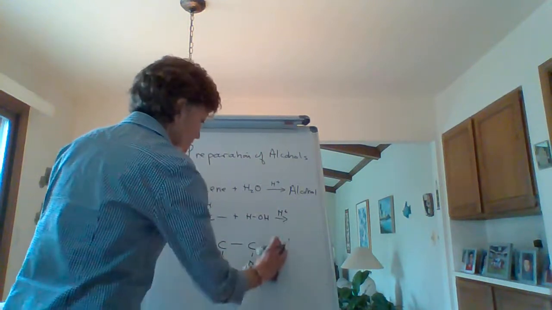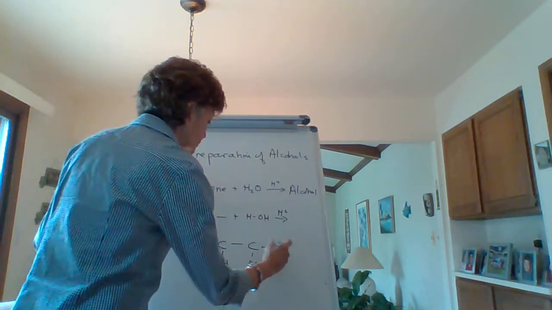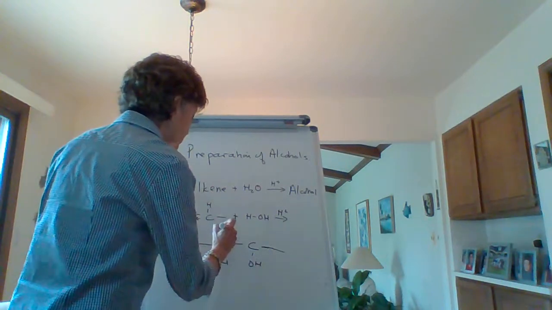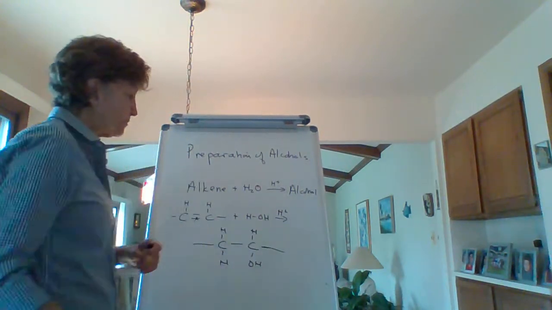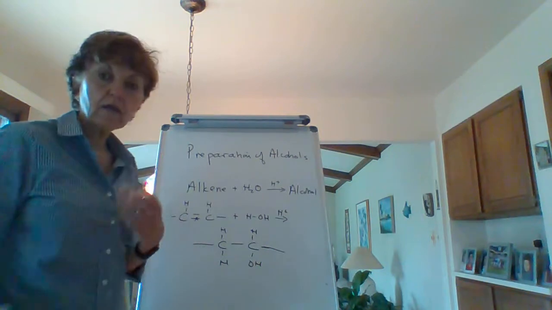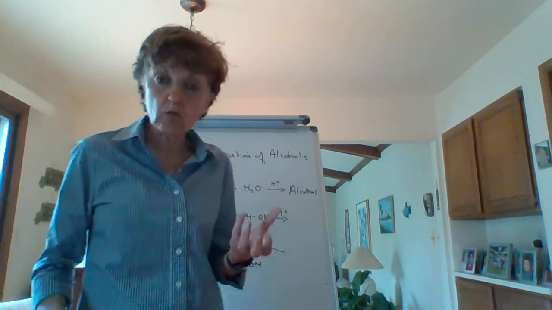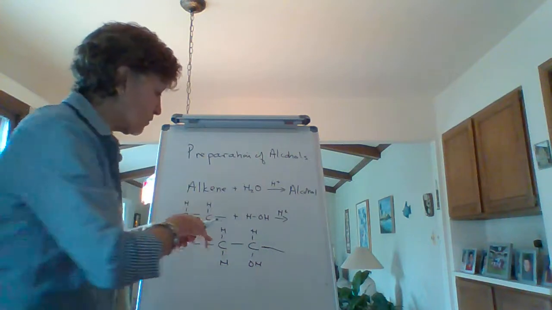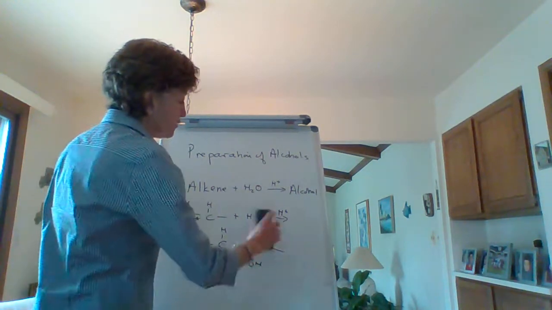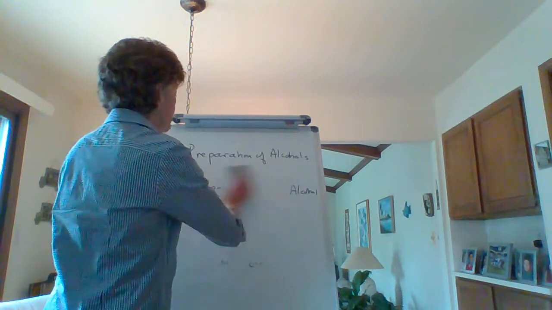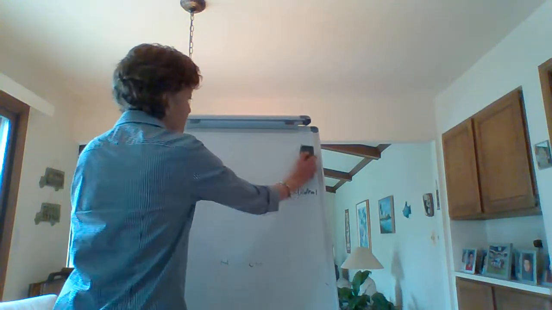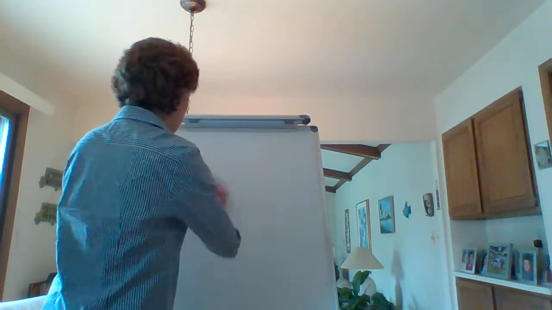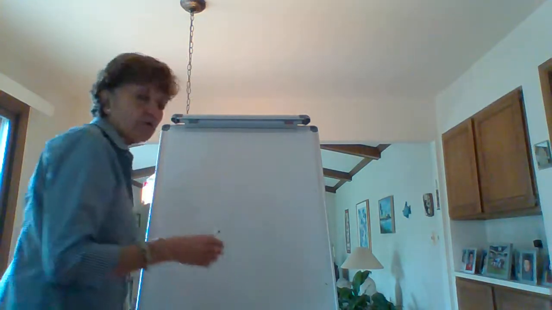Oops, this is like the rest of the molecule this way, rest of the molecule this way. There you go. All right, so you synthesize an alcohol by adding water, HOH, to an alkene. That we already covered before, but we're just putting it here in this chapter since we're dealing with alcohols in this chapter.